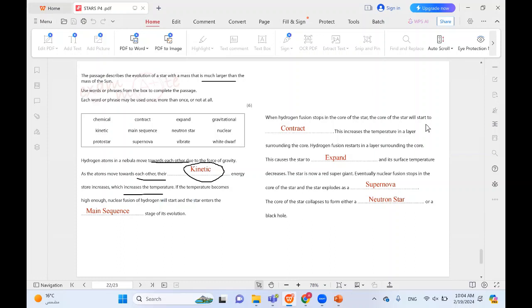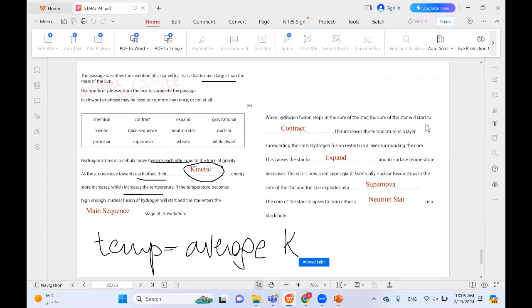And you should know that temperature is the average kinetic energy of a body. So let's write this down because it's important. Temperature equals average kinetic energy. So since we know that the temperature will increase, we must also figure out that this is because their kinetic energy increased.